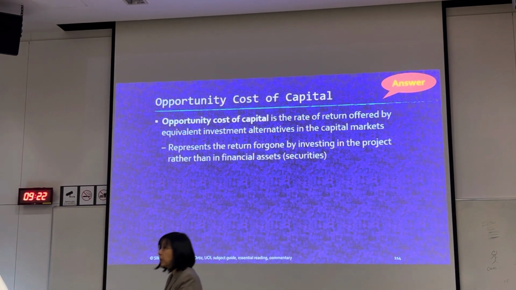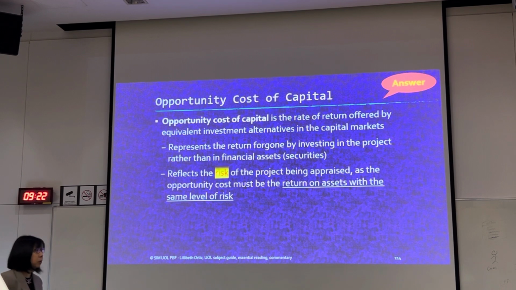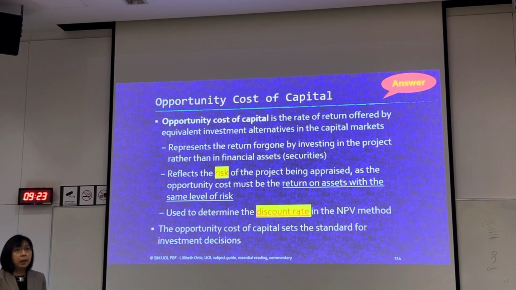So some key points, it's market determined. Second key point is risk. So it's for projects with the same risk, right? How much return you'll get in the market. And this opportunity cost of capital is what we will use to determine the discount rate.